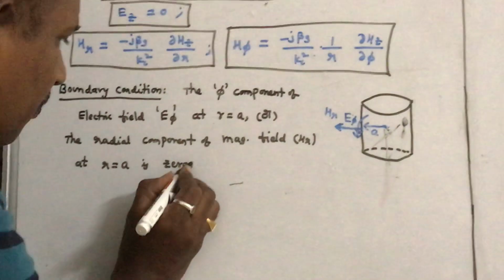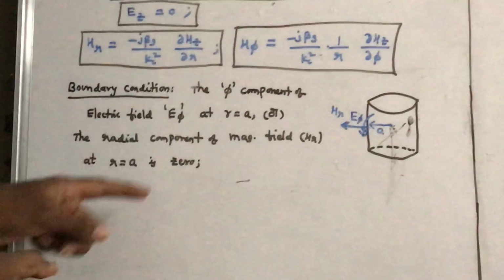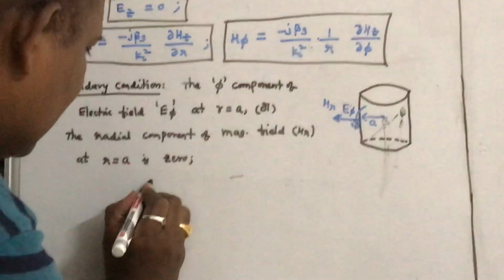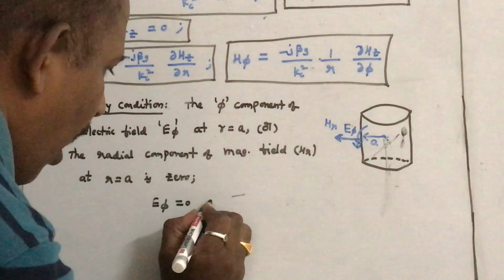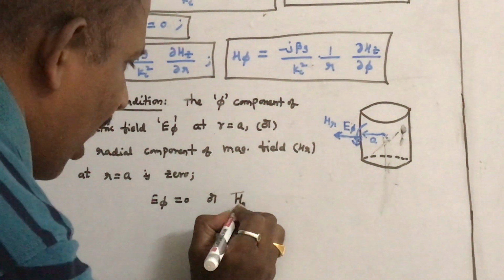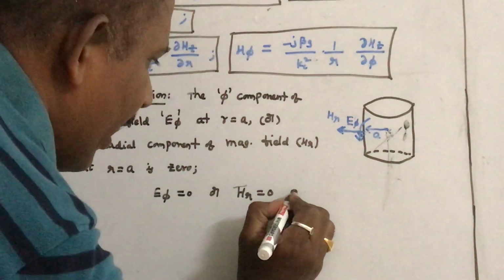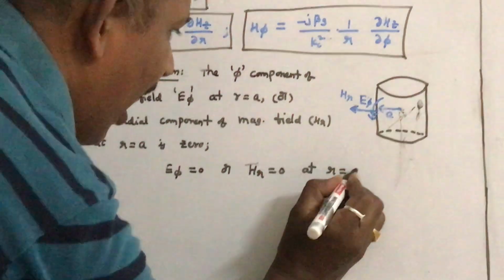So we have to use this boundary condition. That is, E phi is equal to 0 or HR is equal to 0 at R is equal to A.